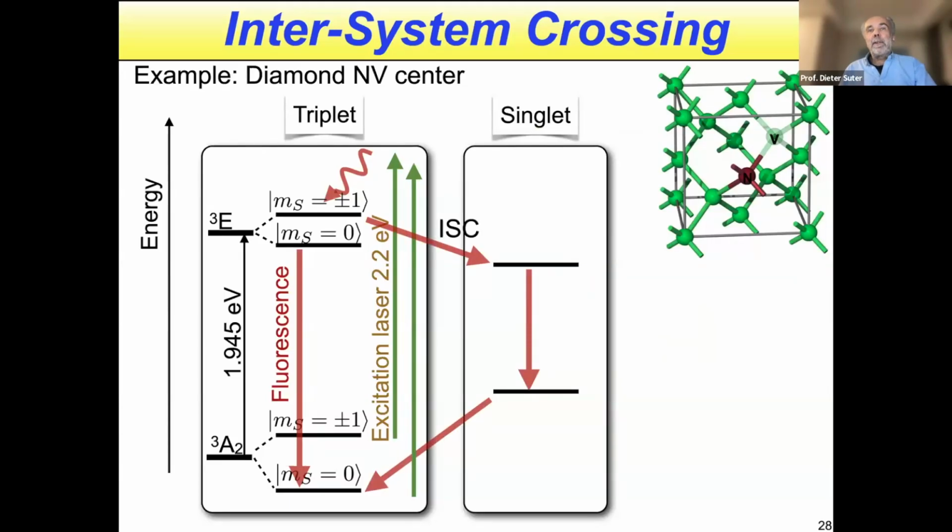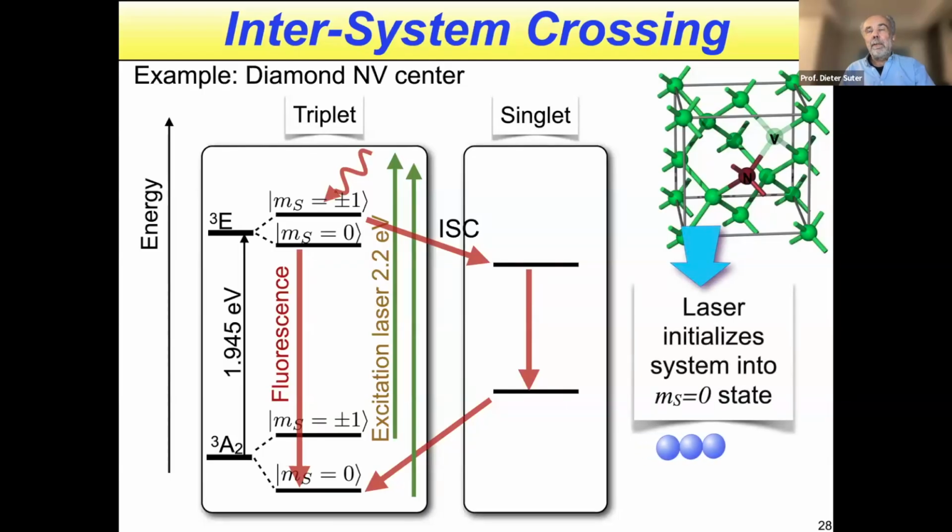It happens preferentially if the electron spin is in the ms equals plus or minus 1 state. During this process, it forgets where it started, and it therefore ends up preferentially in the ms equals 0 state. So the result, if you go through that many times, is that you populate the ms equals 0 state, and again you have created spin polarization.